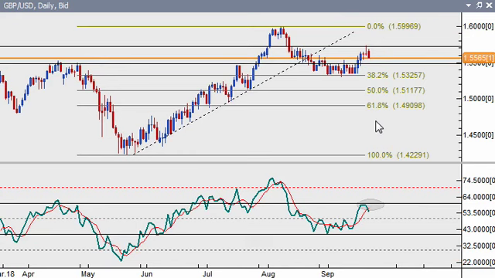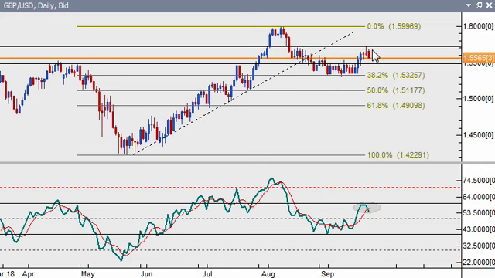Looking at the pound dollar daily, we see here this consolidation zone had this resistance at 1.57, and now the market also is seeing resistance here. The RSI has not broken above 60, so pound dollar is at the moment still ranging between 1.57 and 1.53 area.